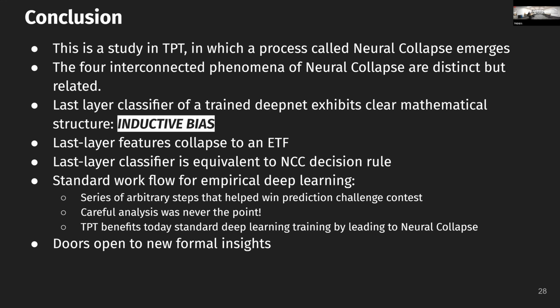They claim that this is a clear demonstration of inductive bias in these models, that you're rotating and confining the classifier to this really rigid geometric structure, right? It's a formal way to describe the bias that these classifiers are prone to.